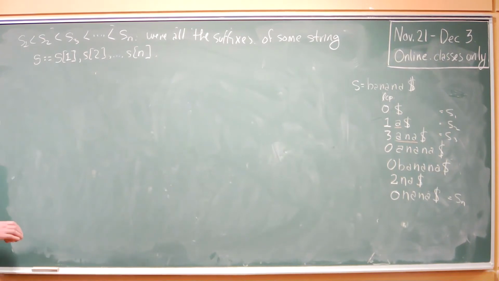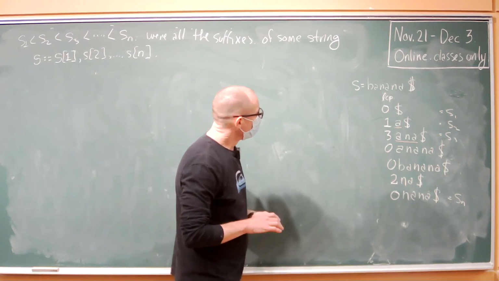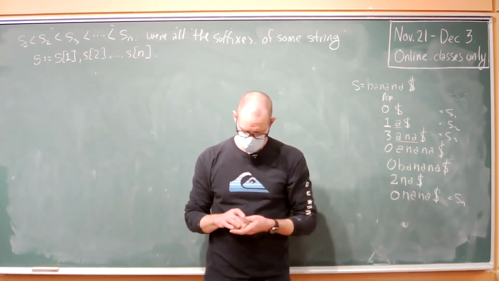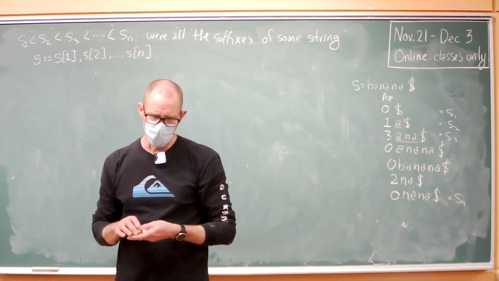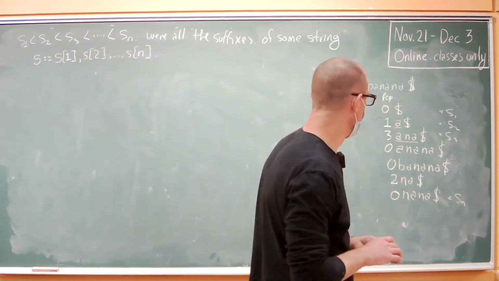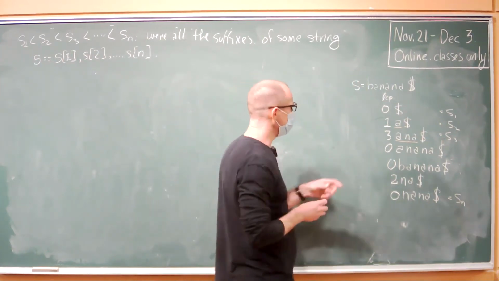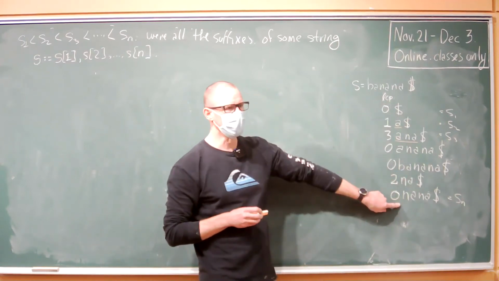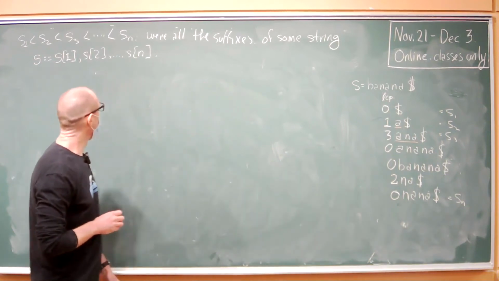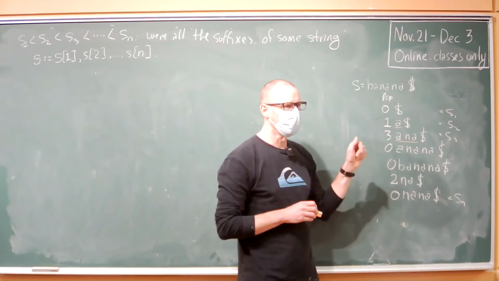Okay, that doesn't tell me much. So I claim that we can figure all of this out. I mean, we spent a good deal of effort to get these suffixes in linear time. It would be a shame if to compute these LCP values, we had to spend more than linear time.